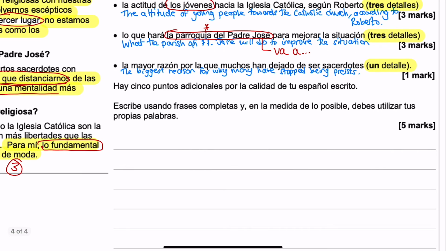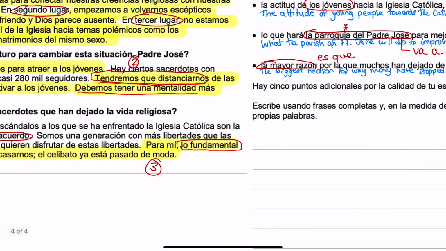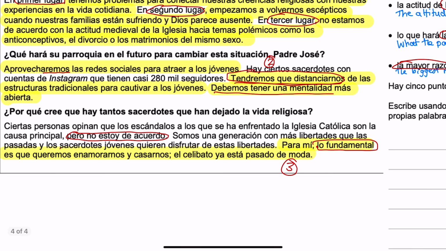And for "la mayor razón por la que muchos han dejado de ser sacerdotes", I'll probably start with "la mayor razón es que", and then change this: we want to "los sacerdotes quieren", something along those lines.